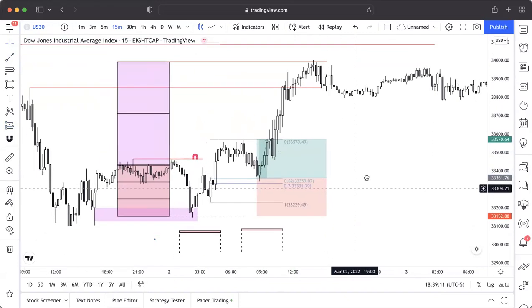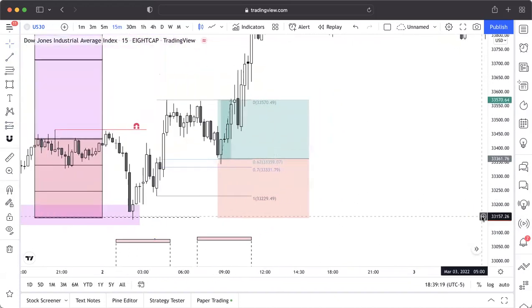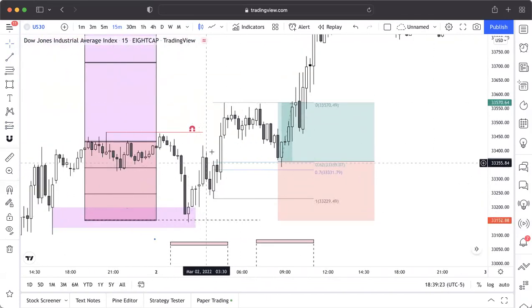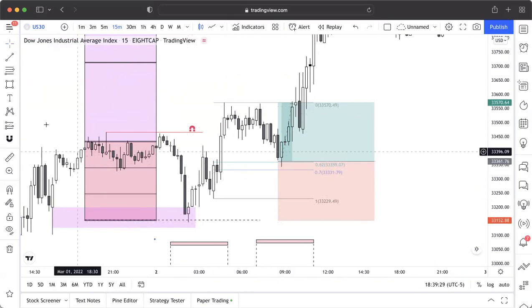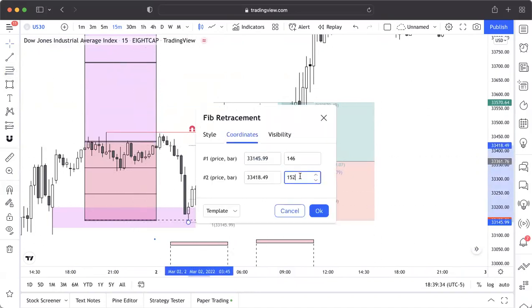You might be asking, why am I pulling the fib from this particular low and not the low of the day? The reason why I would be doing that is, if you look at the 15-minute, this particular move wasn't one single move. The market first gave one optimal trade entry, and then it offered another one.